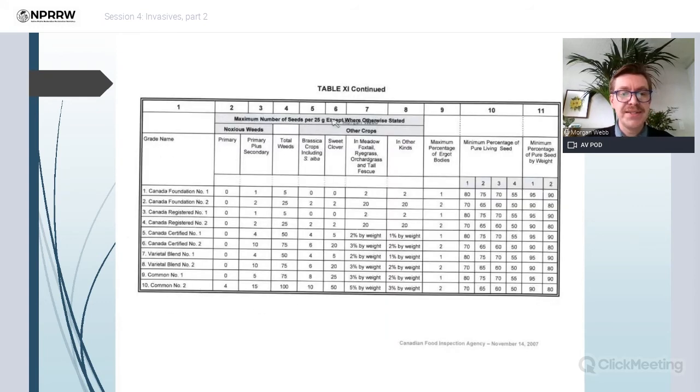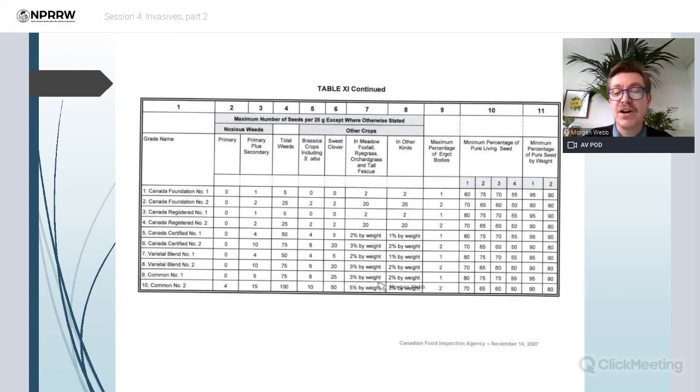And so this is Table 11 continued, and you can see it's broken down into categories, or columns. And you can see the first rows are about pedigreed seed. Most species that are sold in Canada, native species or reclamation species, are actually only required to make the minimum standard for the table that they apply to.